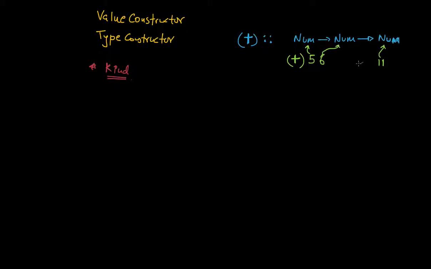Now, in some sense, what prompted me to come up with these values 5 and 6 in the first place was that this type was actually guiding me. It was telling me what can be provided as parameters to the plus method and what cannot be provided. I cannot pass in a string. I cannot pass in a list. I cannot pass in something that is not a number and expect to get back a resultant.